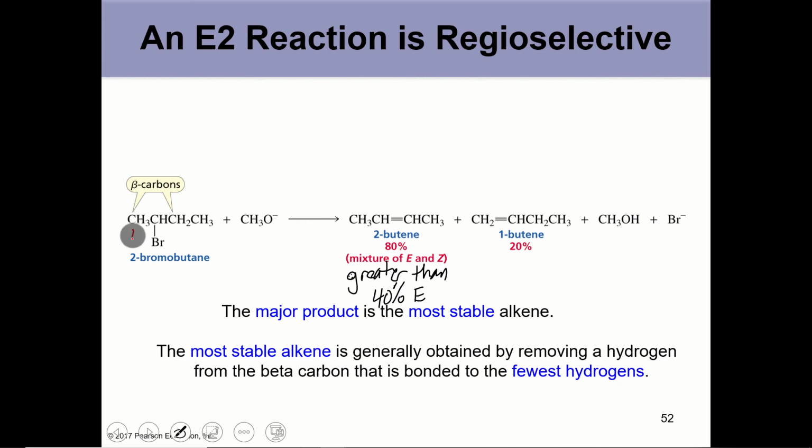One of the beta carbons is primary and the other is secondary. We always remove a hydrogen from the beta carbon that has the fewest hydrogens, which is the beta carbon that is the most substituted. So if you label your beta carbons by their substitution, primary or secondary, you'll readily be able to choose which carbon the hydrogen will be eliminated from.